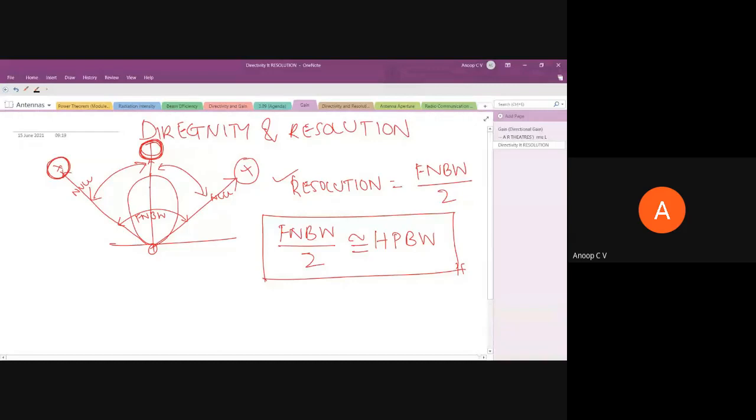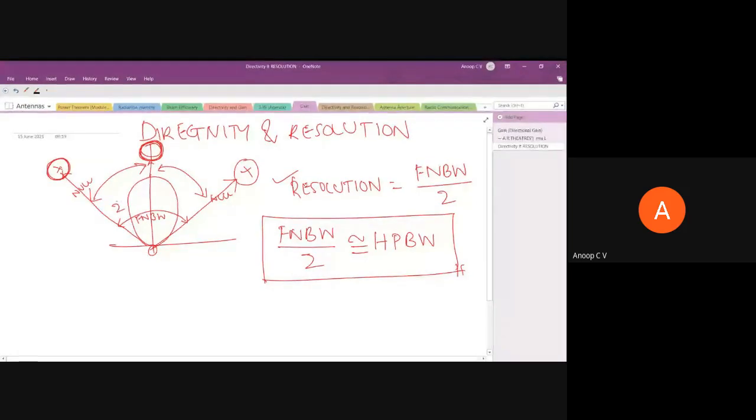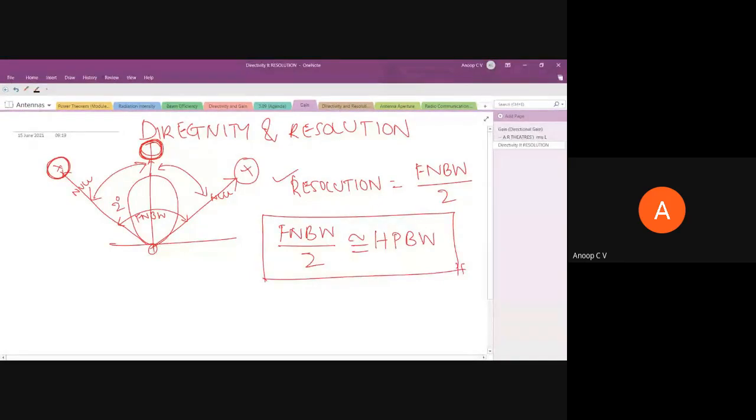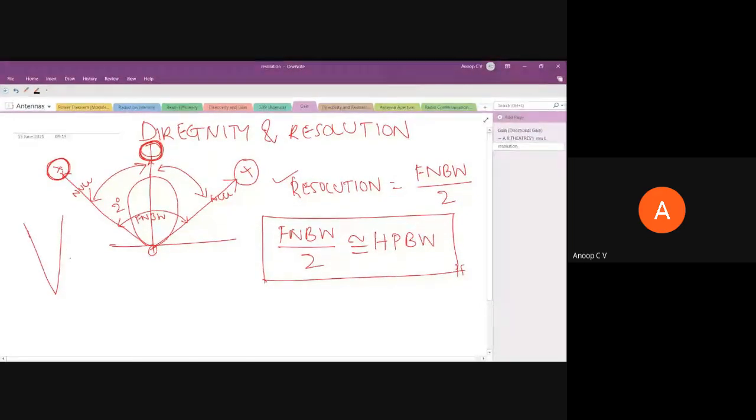The meaning is, if an antenna has a first null beam width of 2 degrees, suppose it's a very narrow pencil beam antenna, this 2-degree beam width itself can cover a very large area if the distance is very large.